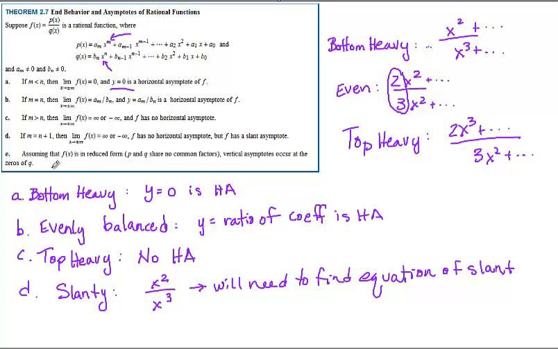And then the last part in the tails, if we are in P and Q, this is just talking about the vertical asymptotes happening in the denominator if they have no common factors. So check for vertical asymptotes where the denominator equals 0.